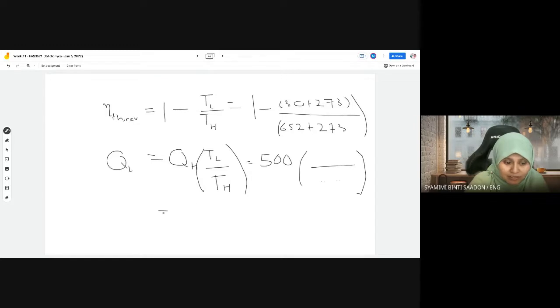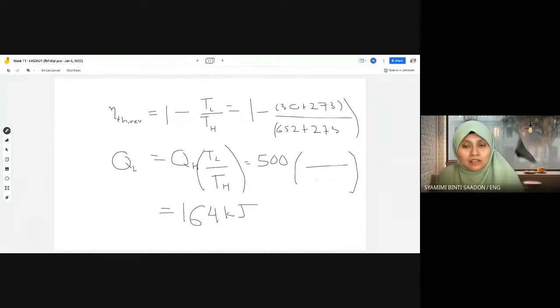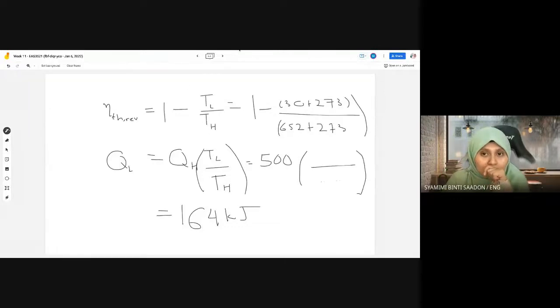So you have QL reversible of around 164 kilojoule. The amount of heat rejected to the sink per cycle is 164 kilojoule.